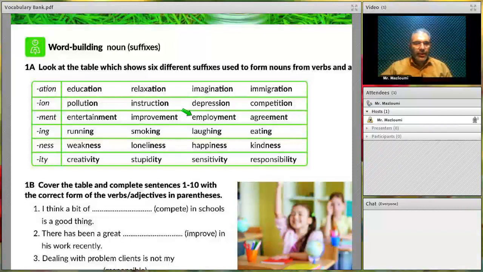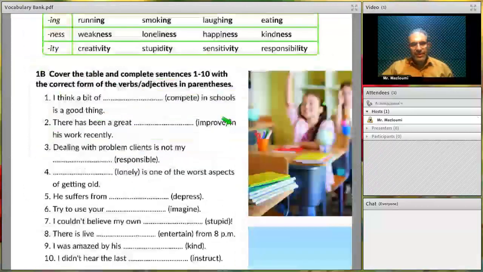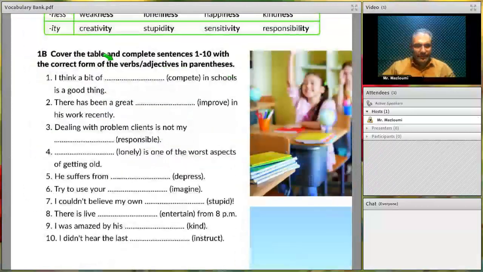Weak, weakness. Lonely, loneliness. Lonely means unhappy because you are alone, you have no friends. Happy, happiness. Kind, kindness. Create, creative, and creativity, being creative. Stupid, stupidity, being stupid. Sensitive, some people are sensitive, and sensitivity. Responsible and responsibility.